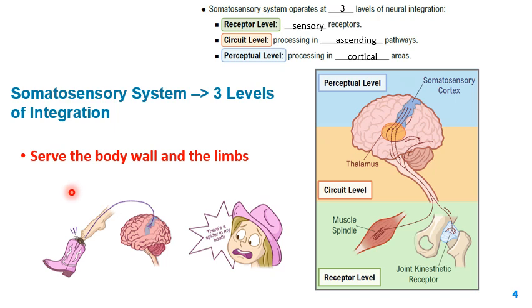So here I had that slide showing a practical example of these levels of pathways, right? So this girl here is going to put her cowgirl boot on, and there was a spider inside the boot. So she feels that there is a spider in the boot, and what does she do?